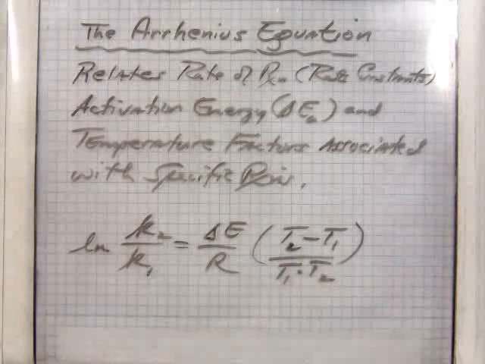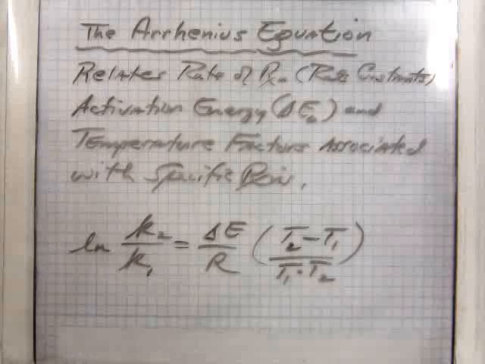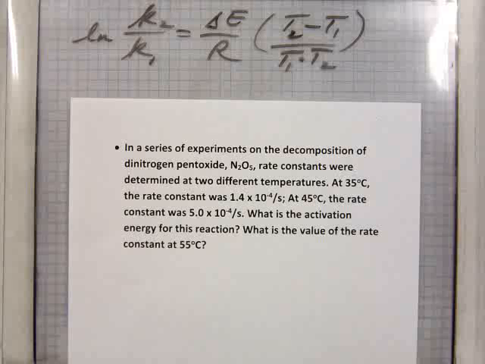Now, in using this, you can see the next two problems that we'll work. So I want to relate the problem to the equation, so you'll see how it's applied. In a series of experiments on the decomposition of dinitrogen pentoxide, rate constants were determined at two different temperatures.